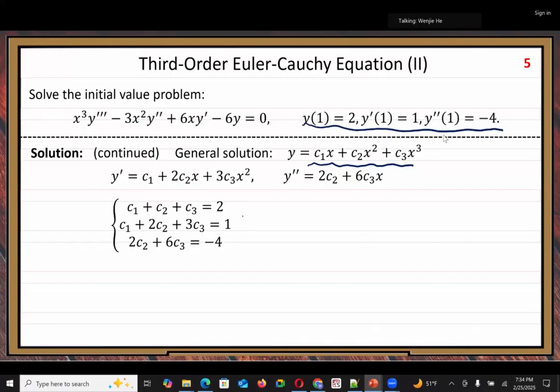Then you need to solve a linear system, and you're also allowed to use Wolfram Alpha to find the solution. So that is the solution. If you know how to use it, I think it's very powerful. For questions as simple as these, it's very easy to find a solution.